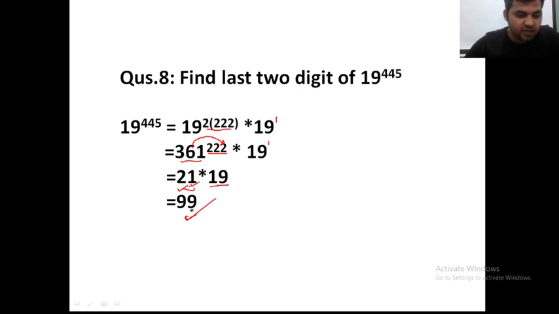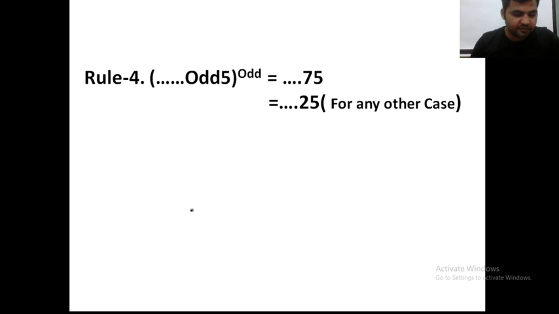Let's move on to the next concept. Next question, the next rule. Rule number 4 states that if you are ending up with a number having its unit digit as 5, and the tens place digit is odd and the power is also odd, the last two digits will always be 75.